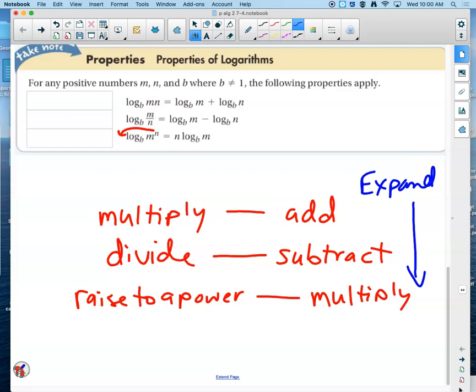Anything that's division, we're going to change to subtraction. Anything that says raise it to a power, we're going to make that multiplication. So when we expand, we use it top down. But they're also going to say either write as a single logarithm or the proper word for that is condense. This book likes to say write as a single logarithm a whole lot, but almost every other book calls it condensing. So condensing goes bottom up.